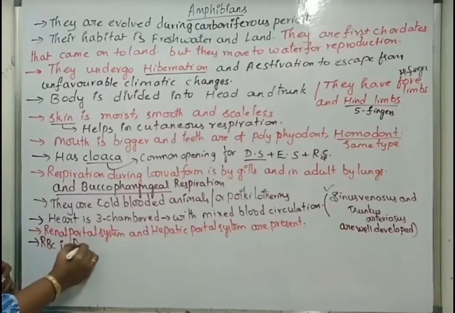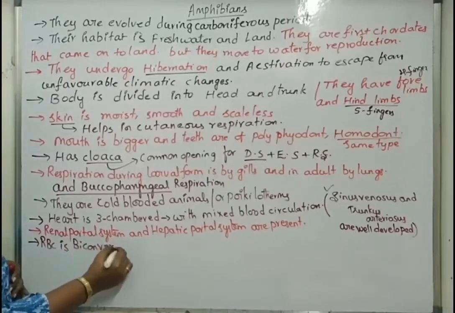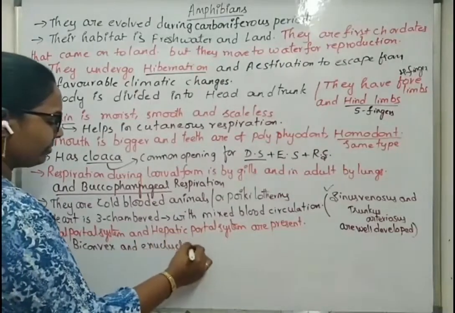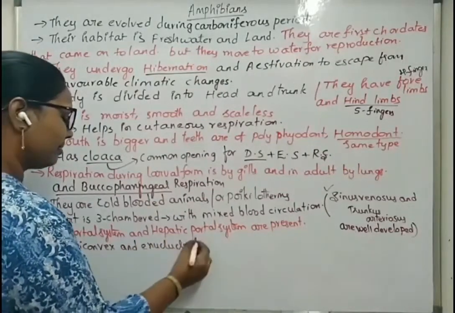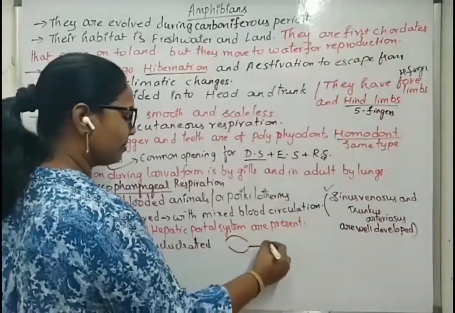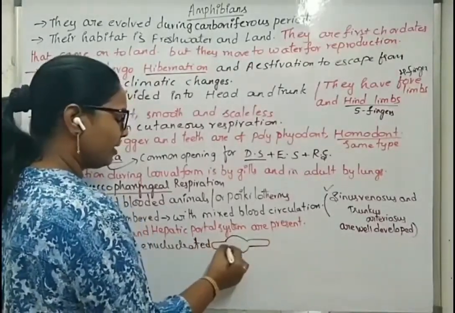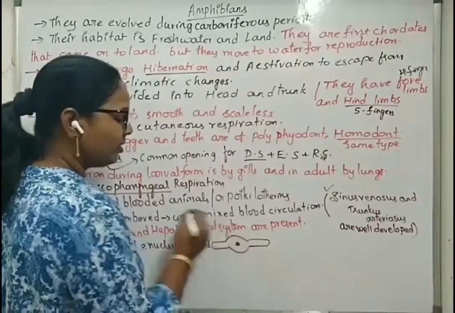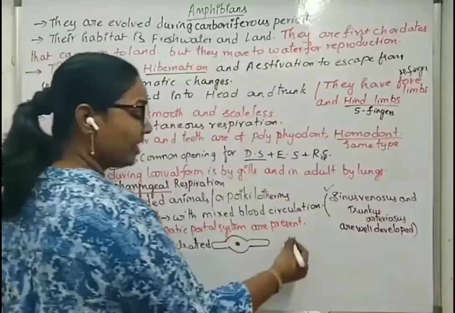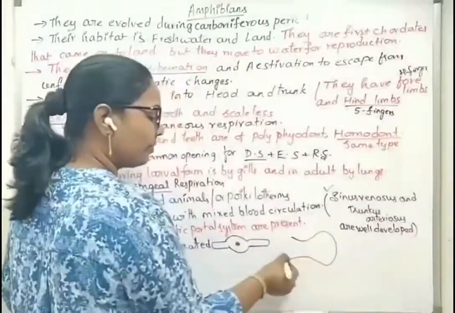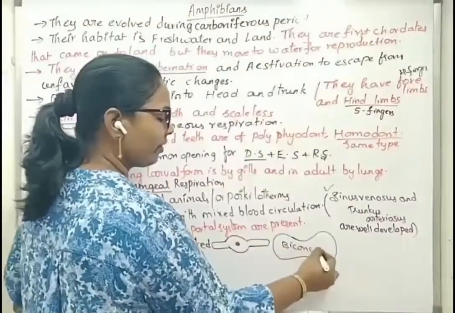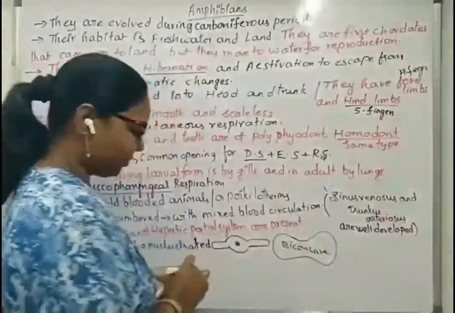Biconvex means the shape of RBC is like this and it has a nucleus. In case of human beings, the RBC shape will be like this, so we are telling it is biconcave.